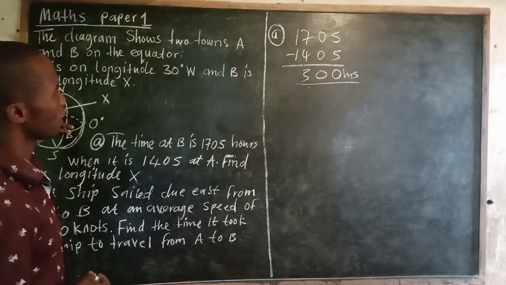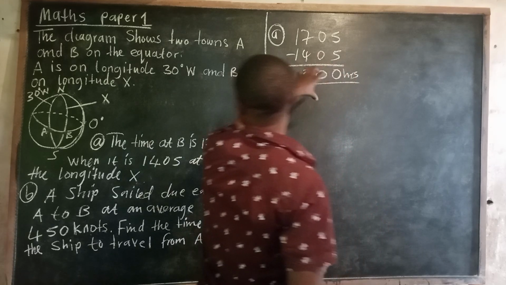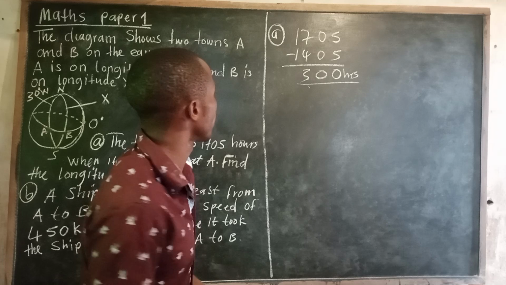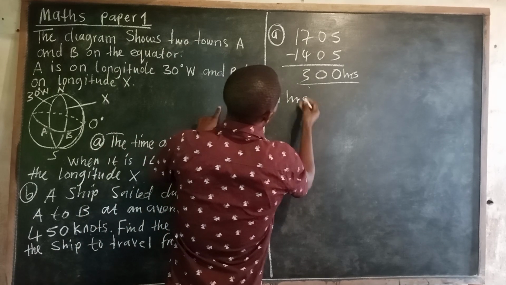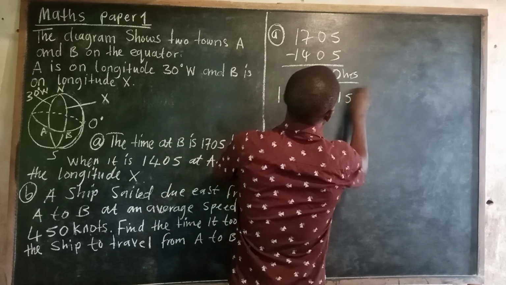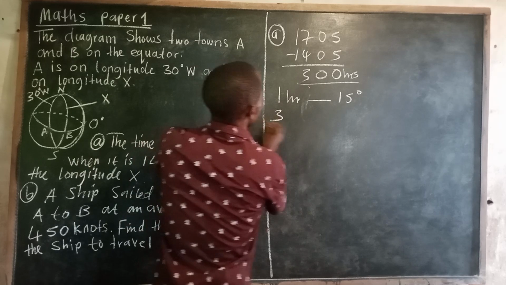Let us first convert this from time to degrees. Remember, 1 hour is equivalent to 15 degrees. Now when we have 3 hours, this is direct proportion.